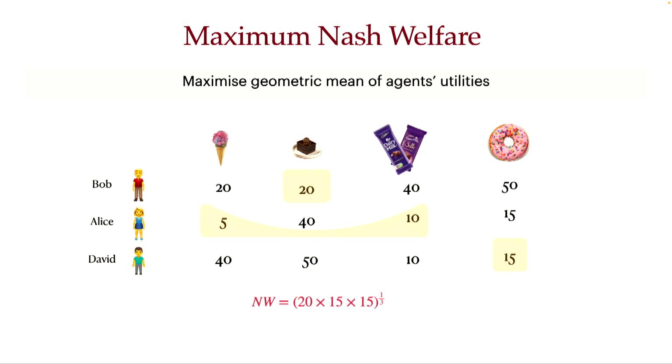Nash welfare, utility of Bob is 20, Alice 15, David 15. Take the geometric mean, something will come. This is not the allocation that maximizes Nash welfare, and the goal here is not to tell you what is maximum Nash welfare. The goal is just to tell you what is the definition.